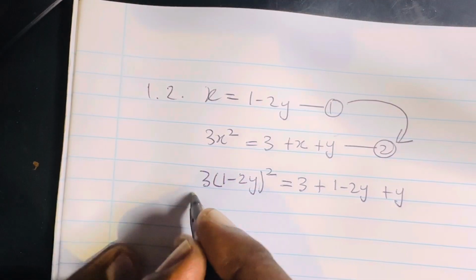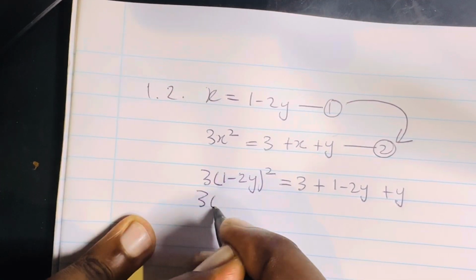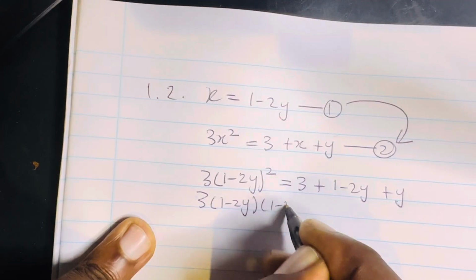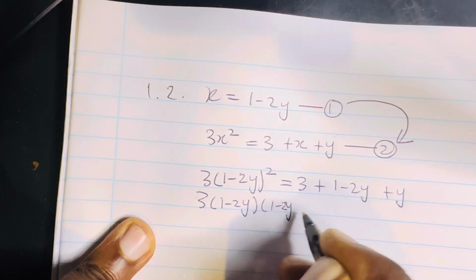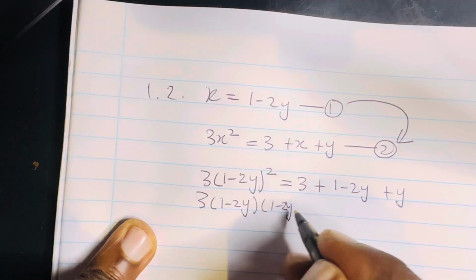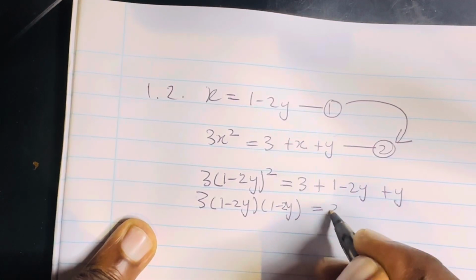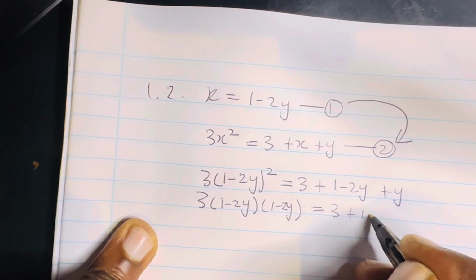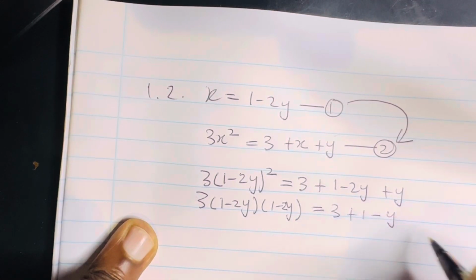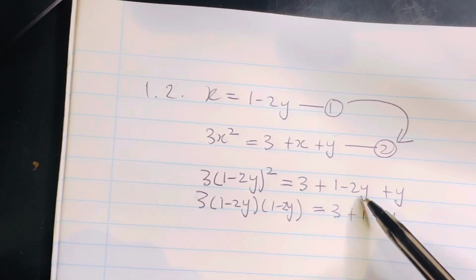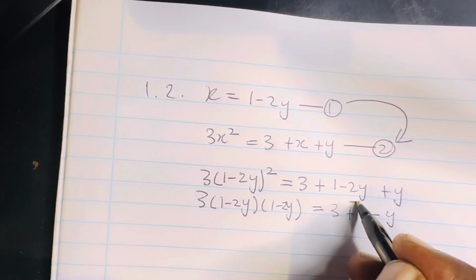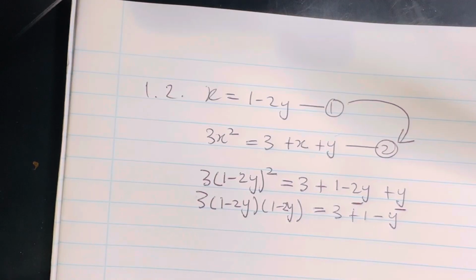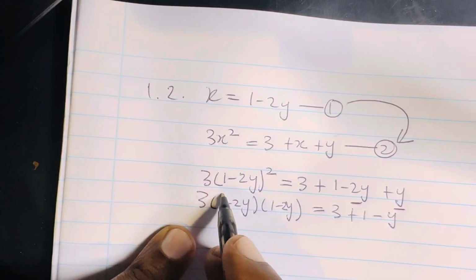So we're going to have 3 into (1 minus 2y)(1 minus 2y) equals 3 plus 1 minus 2y plus y. Remember that these two are like terms.